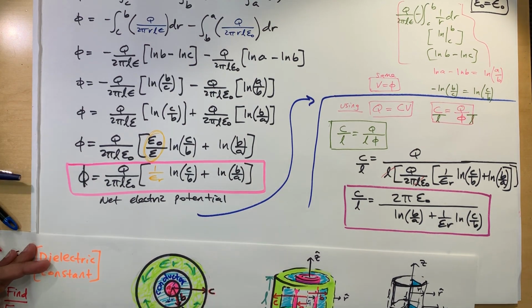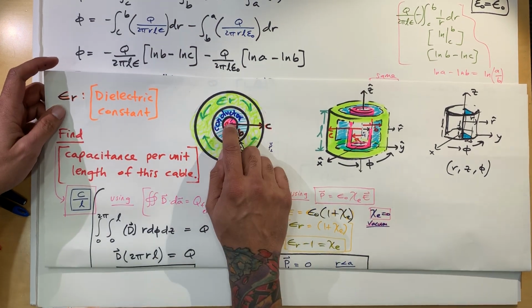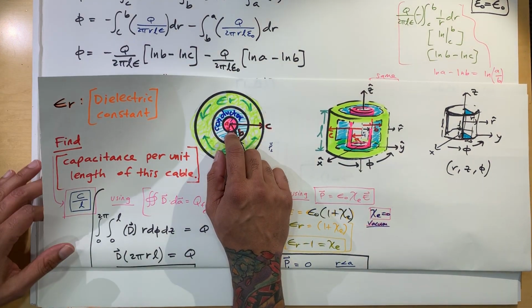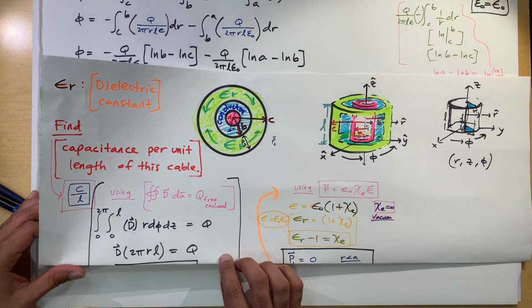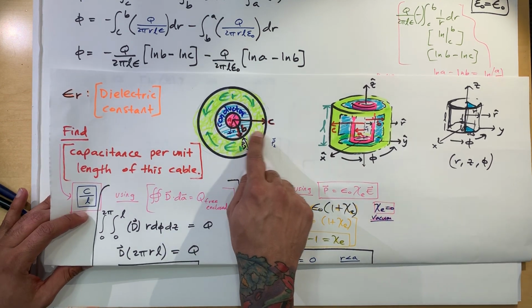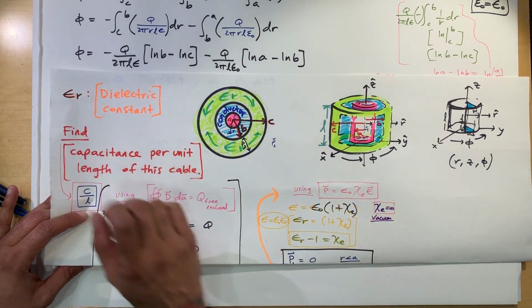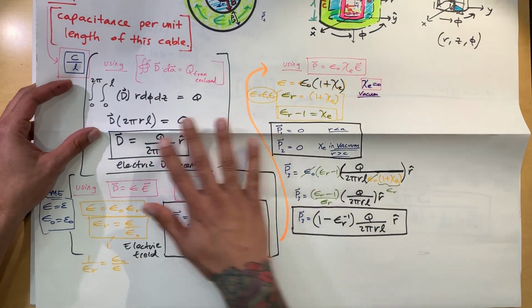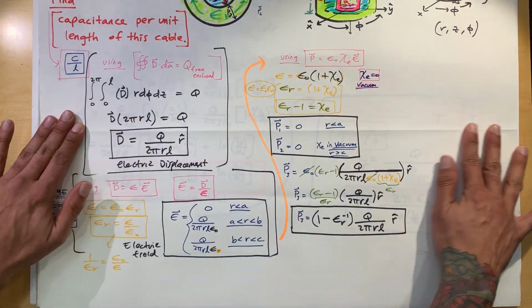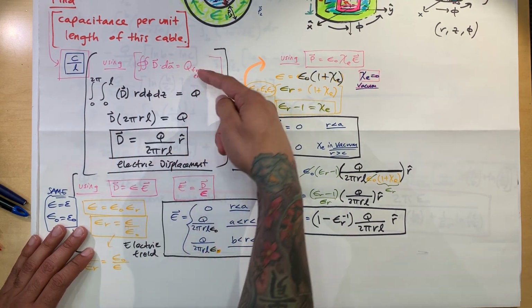So just to recap real quick, we had this wire with a conductor, a copper tube in the inner radius, and then the area from B to C is filled with some dielectric material of constant epsilon R. So capacitance per length led us to start off, usually, with Gauss's law for electric displacement, right?